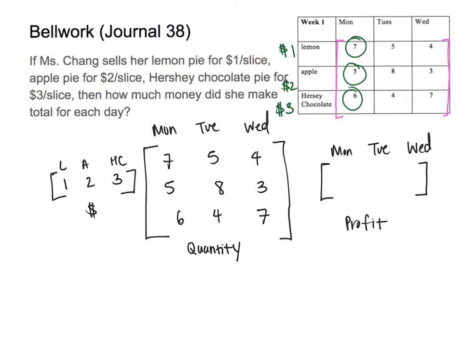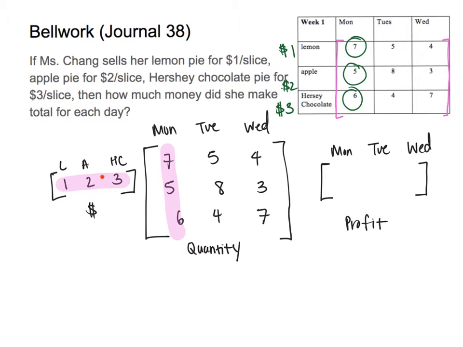What I'm going to do here is multiply this $1 with 7, $2 with 5 apple pies, and $3 with 6 Hershey chocolate pies. So I'm multiplying this row with this column.